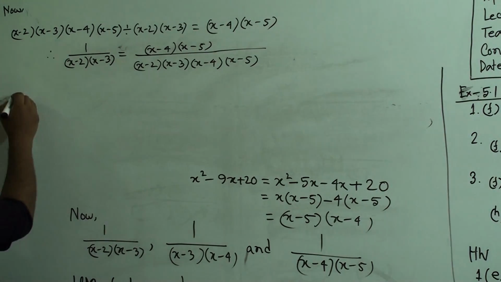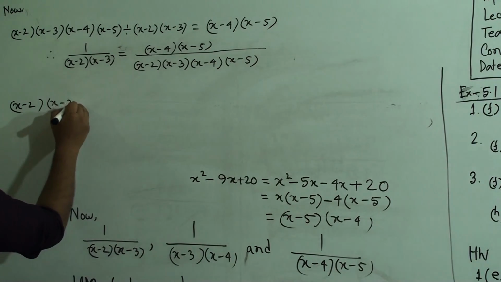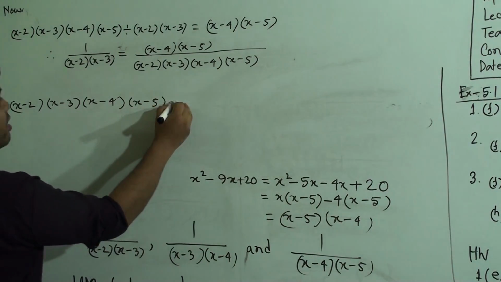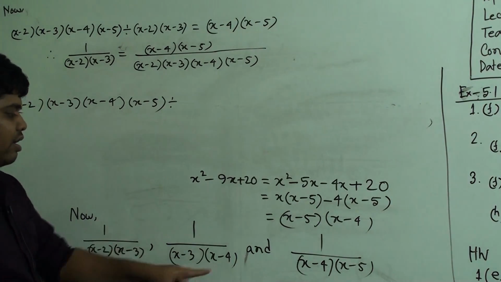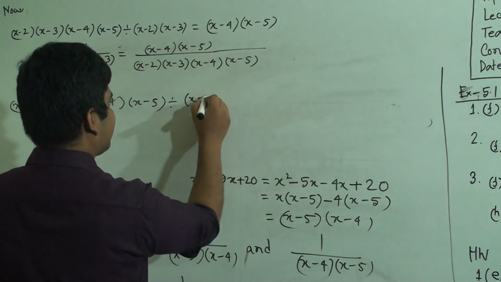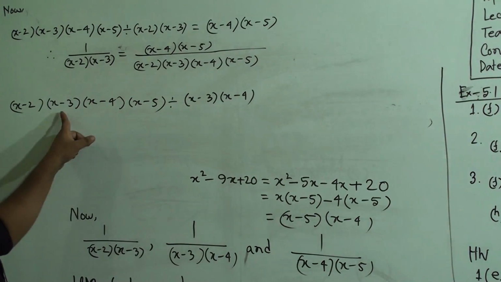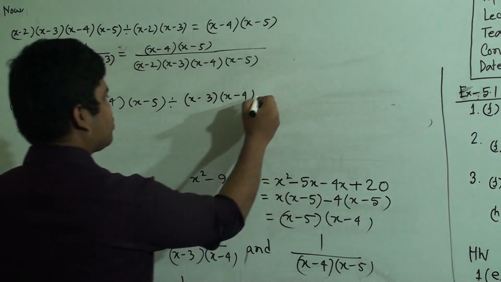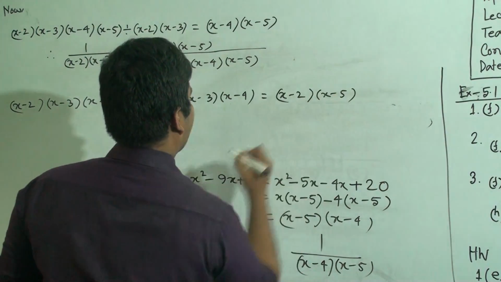Next, we divide x minus 2, x minus 3, x minus 4, x minus 5 by the denominator of the second fraction, that means x minus 3, x minus 4. x minus 3 cut, x minus 4 cut, and left x minus 2 and x minus 5.